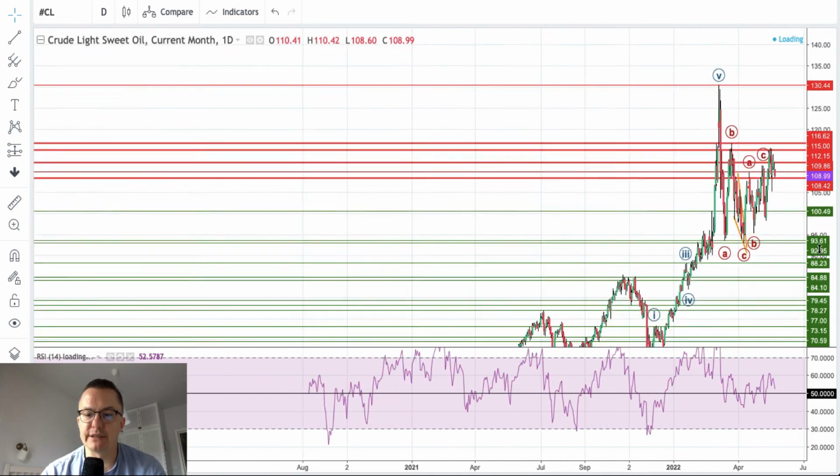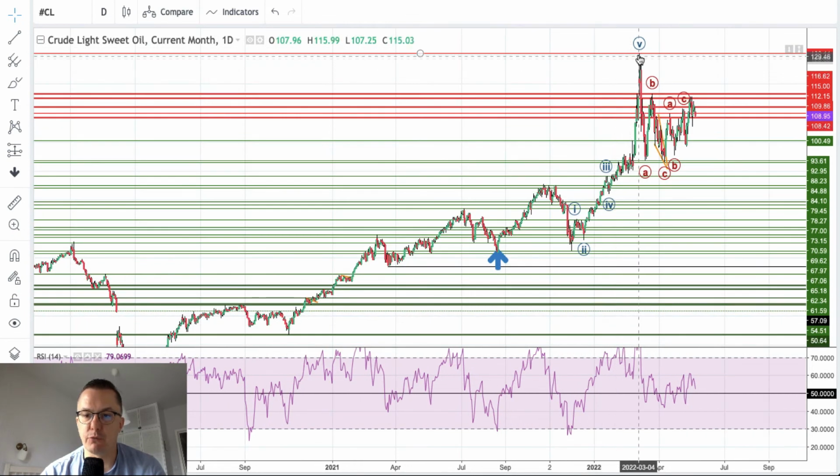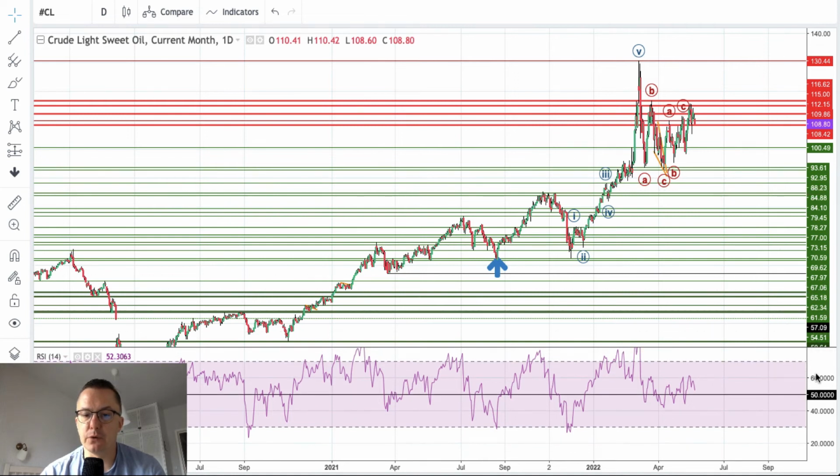What I mean is that after this rally from the levels of $78-80 towards 130, then a big drop, a massive drop from 130 to 93, this is an ongoing distribution pattern, and it looks like the oil market is ready for another wave to the downside. So please keep an eye on the crude oil. It might be important during the next few weeks.